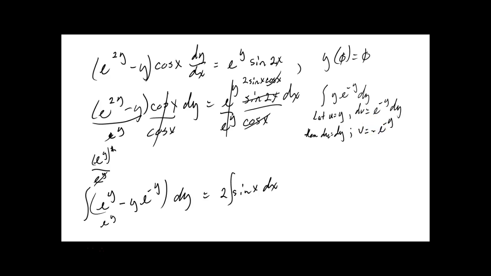Negative e to the minus y. Negative, because you have to unchain rule it, right? Take the derivative of this, and you get minus e to the minus y times the minus 1. Yes, sir. You take the two of these. Now remember there was a minus sign down here, but you got a minus sign here.